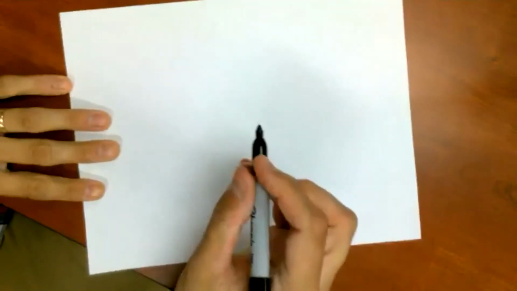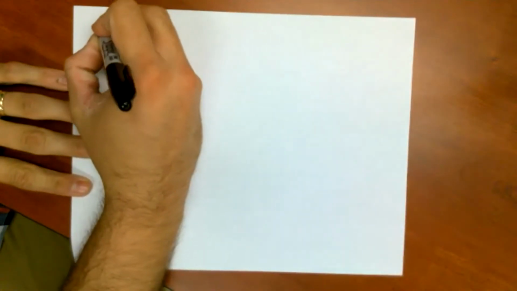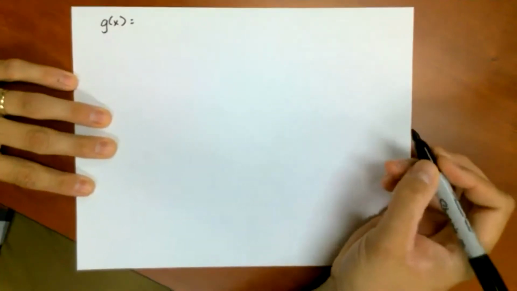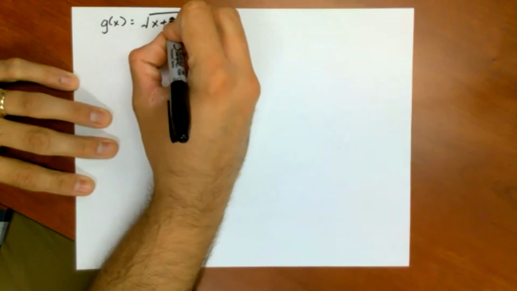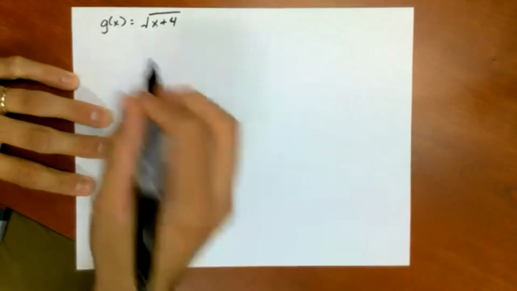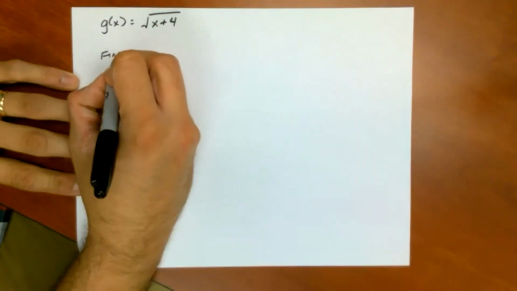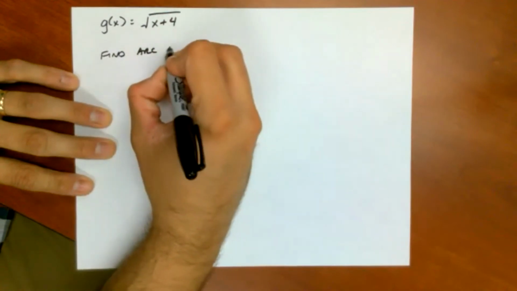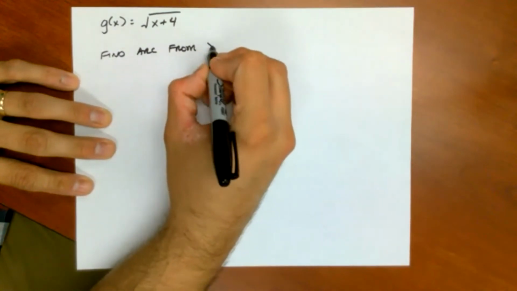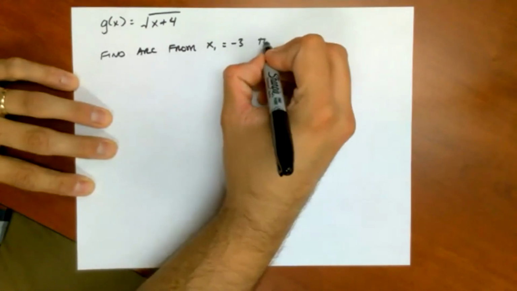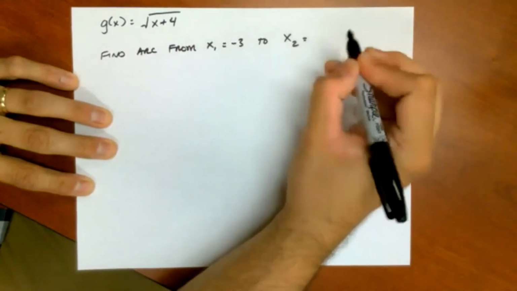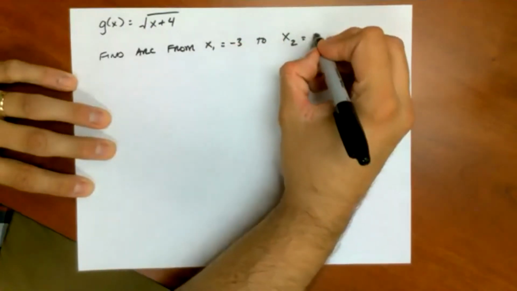Now we'll pull out maybe a weirder looking function. Let's say we've got g of x, and it is the square root of x plus 4. So I want you to find the average rate of change from, now I'm going to make x1s and x2s that work nicely. Let's say x1 is -3 to x2, which is 21.